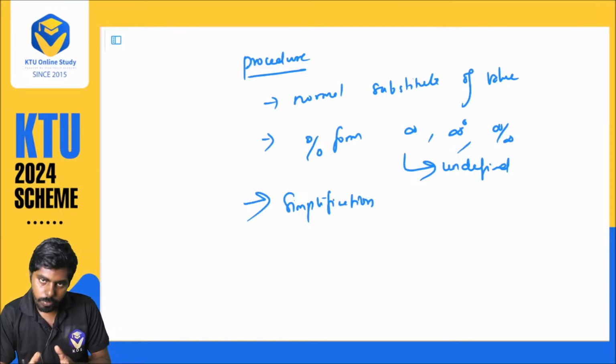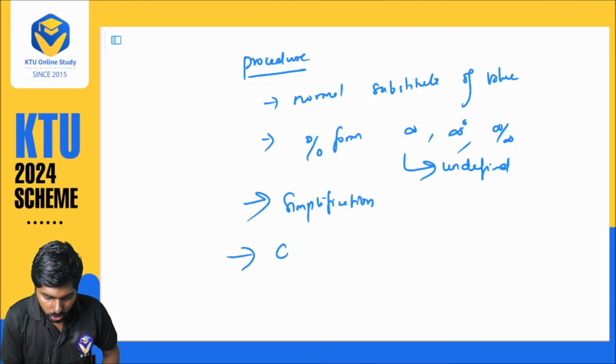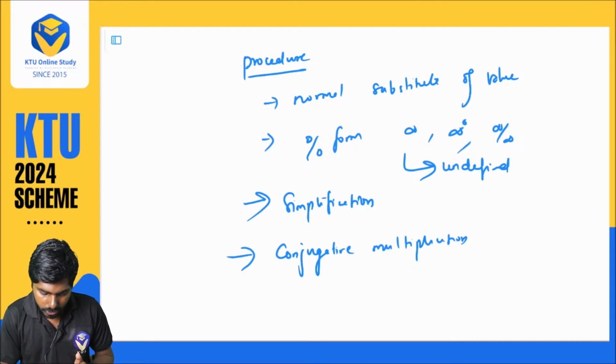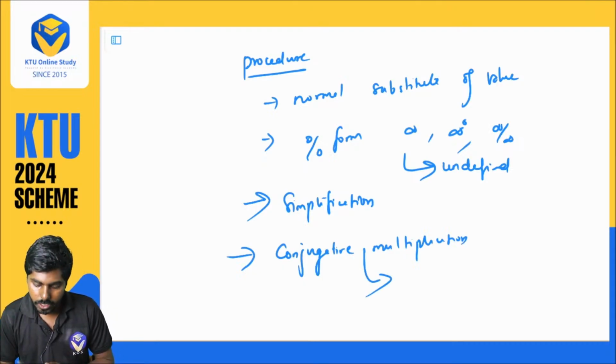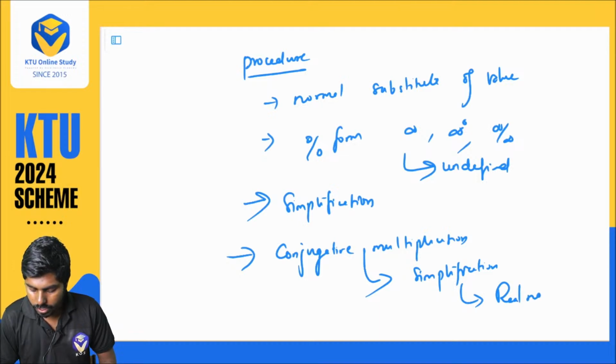In simplification, if you are not able to get the answer, go with the conjugative multiplication. After doing conjugative multiplication, go with the process of simplification and we will be getting the required answer. So real numbers means defined, and the limit exists. So this is the procedure.